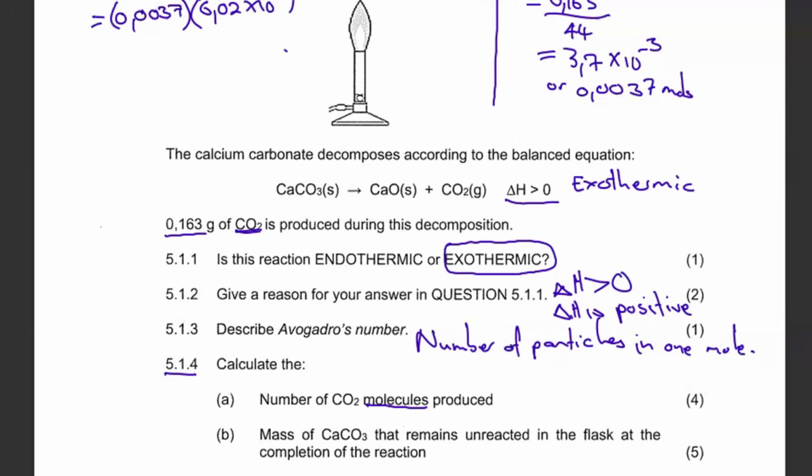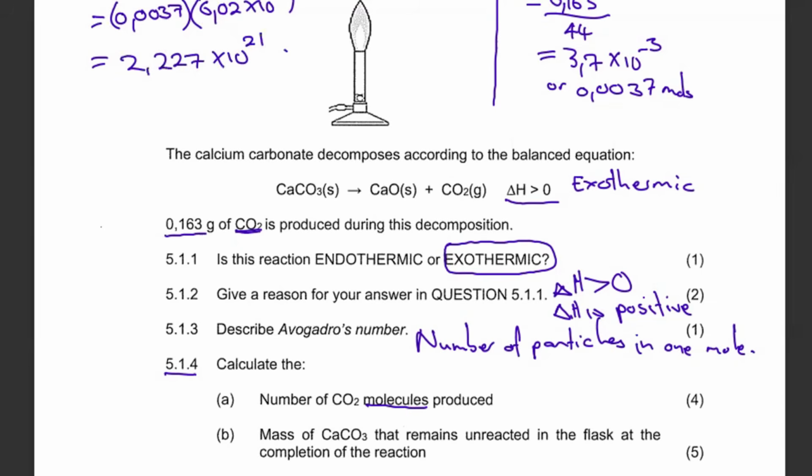If we do our math, 0.0037 multiplied by 6.02 times 10 to the exponent 23, we get an answer of 2.227 times 10 to the power of 21.